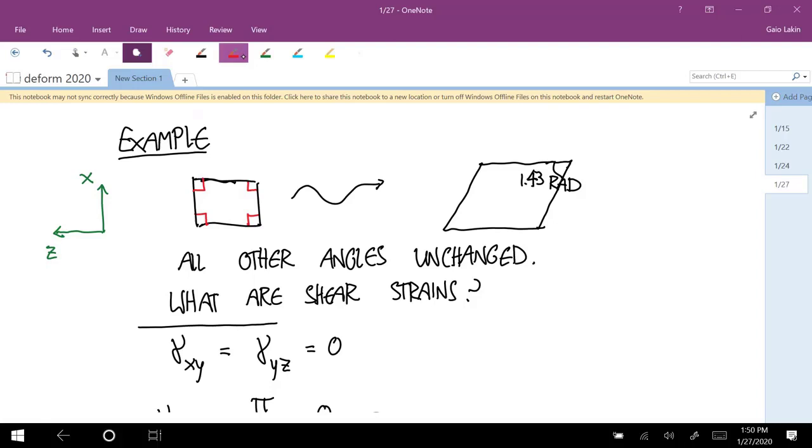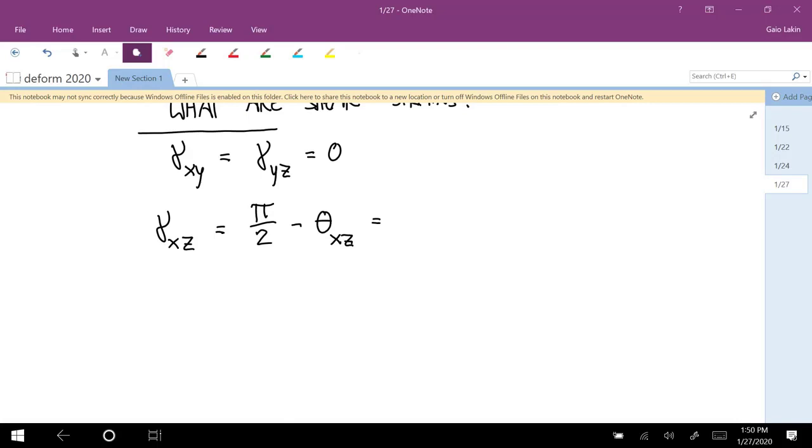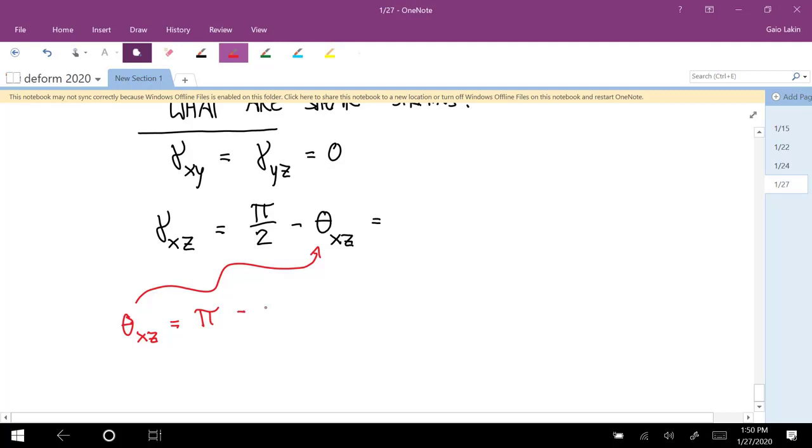Well, this angle, so theta xz is equal to pi minus 1.43, and you get an angle of about 1.71.